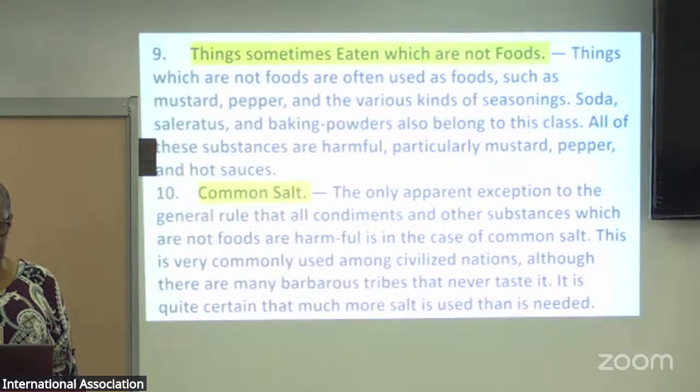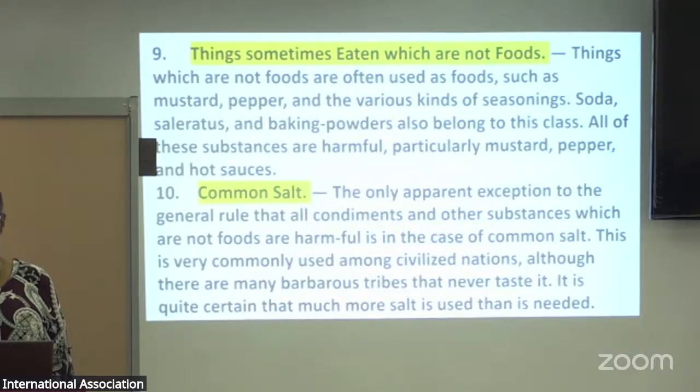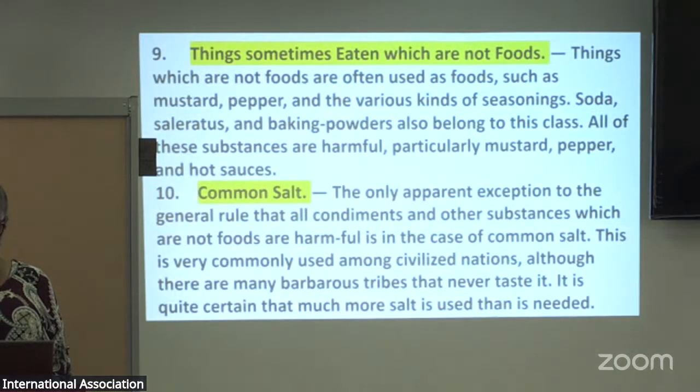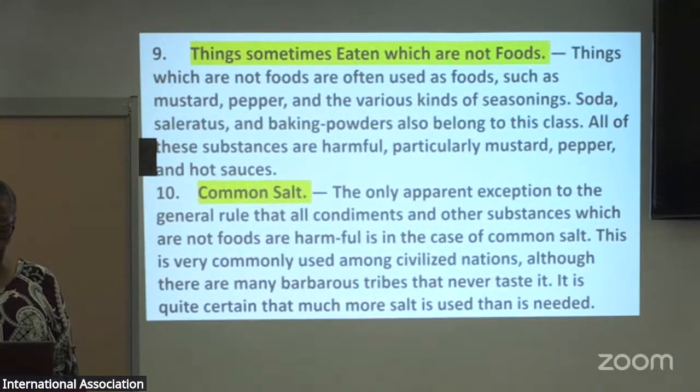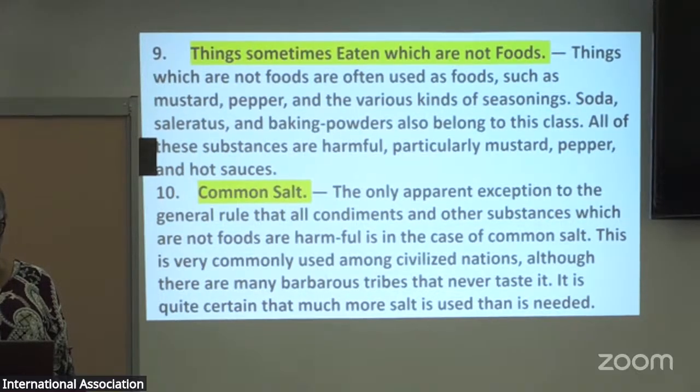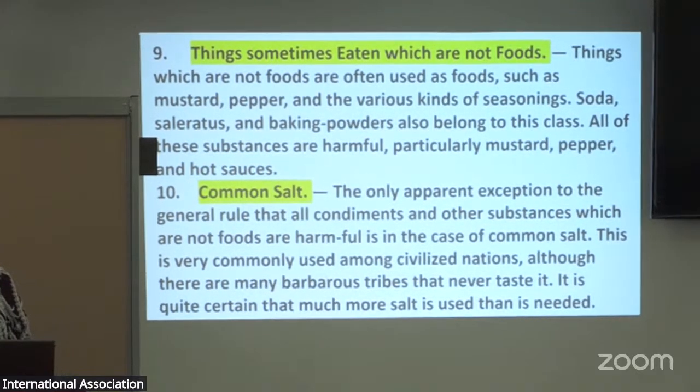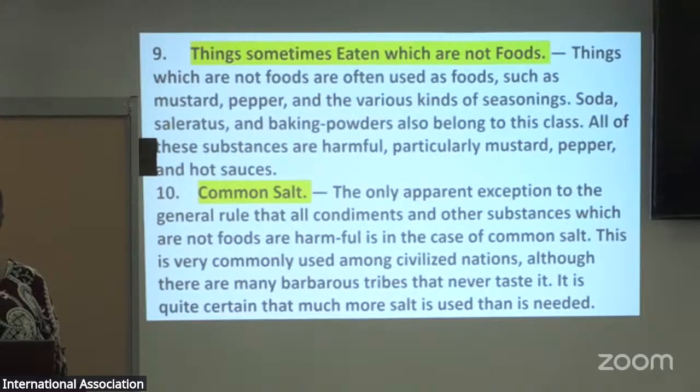Common salt is the only apparent exception to the general rule that all condiments and other substances which are not foods are harmful. This is very commonly used among civilized nations, although there are many barbarous tribes that never taste it.